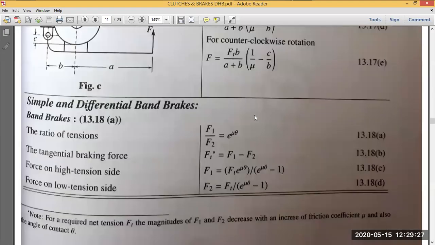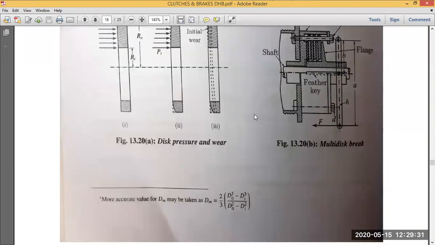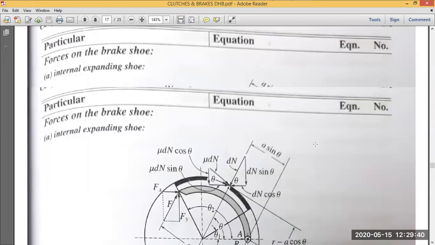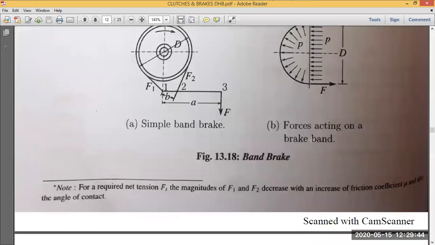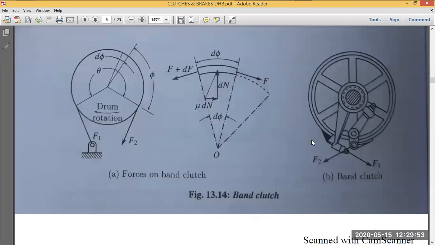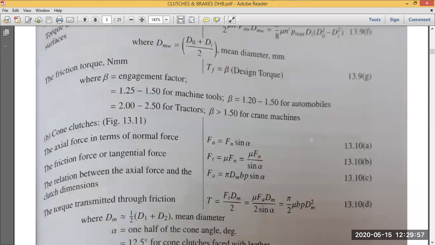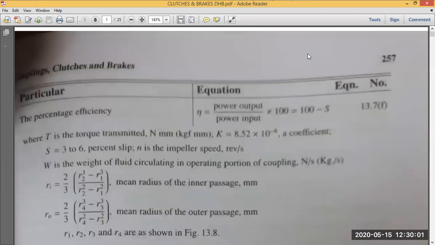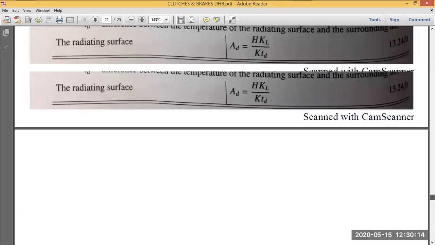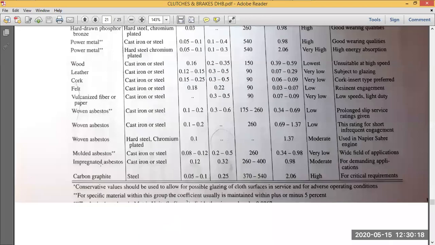I'm going for 13.4. No, it's not there. They are only molded asbestos with double star meaning for specific data. 5%.